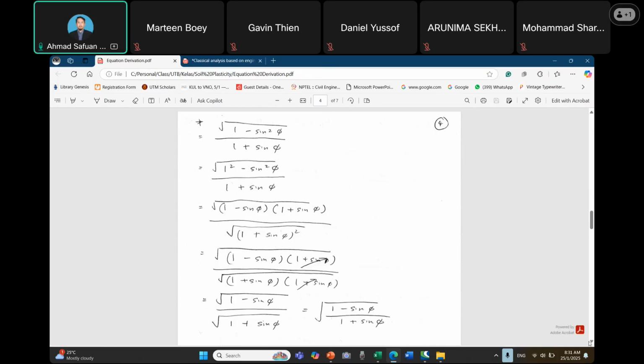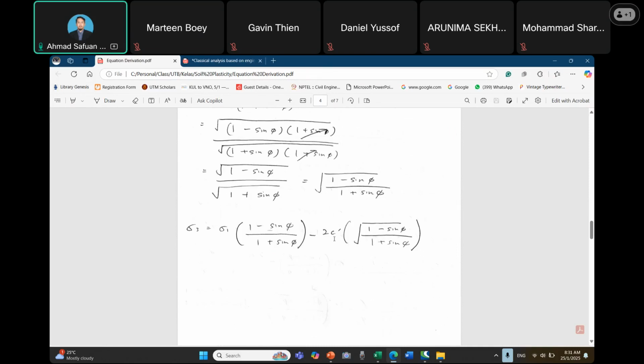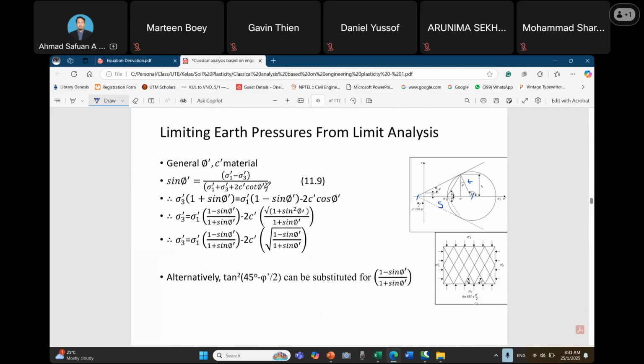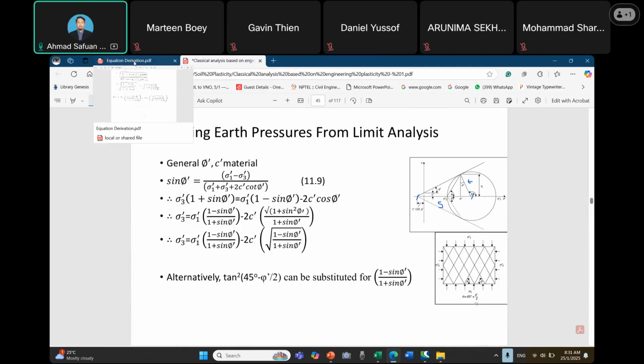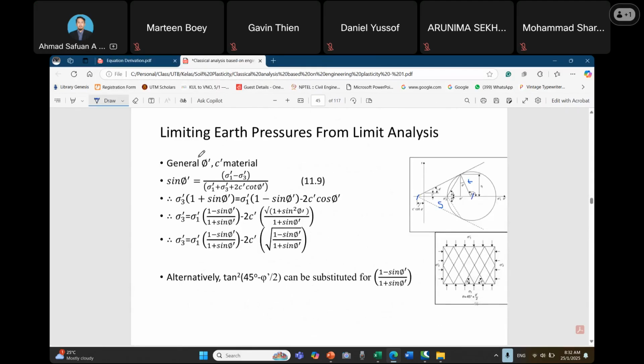Then it simplifies into the same equation as this sigma 3 equation. This means that I have a proof that sigma phi in 11.9 is similar to the sigma 3.